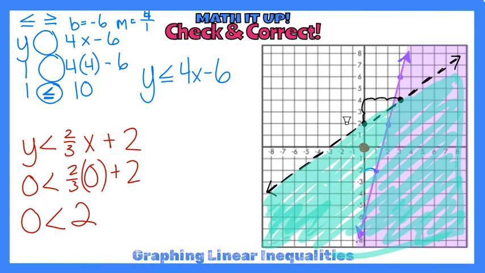Again, if you want to do a second test point or you want to test a point on the other side, you can do that just to make sure you're on track. So we could use 1, 6 and test the other side just to be sure.